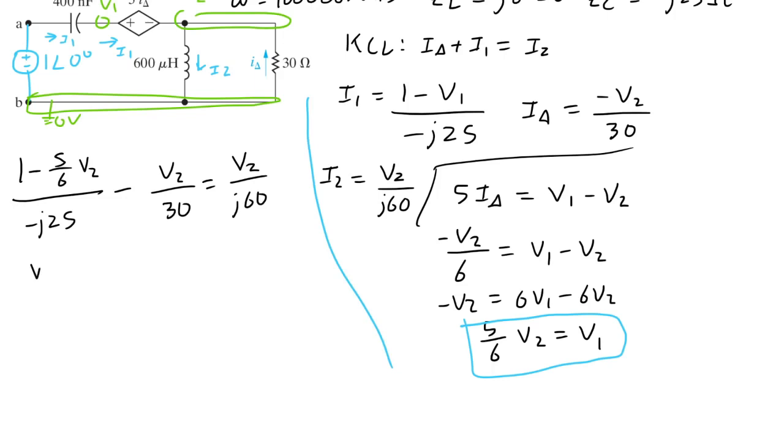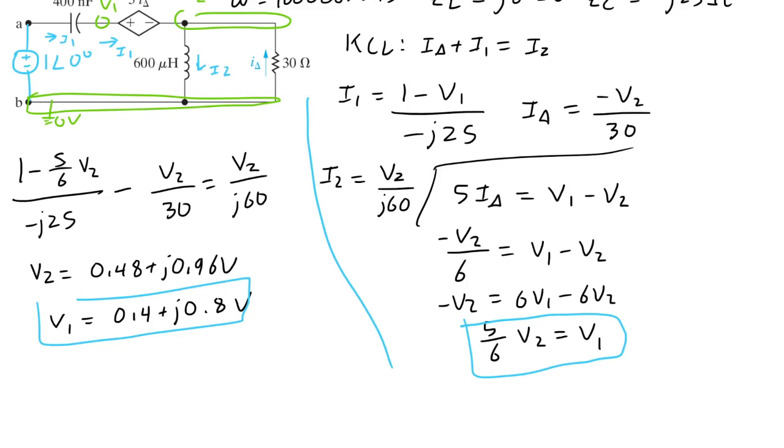So anyway, my calculator gives me that V2 is 0.48 plus J0.96 volts, which means that multiply that by 5 and divide it by 6, V1 is 0.4 plus J0.8 volts. So using that, we can find out what I1 is.